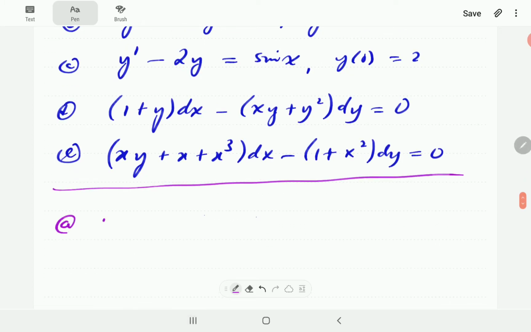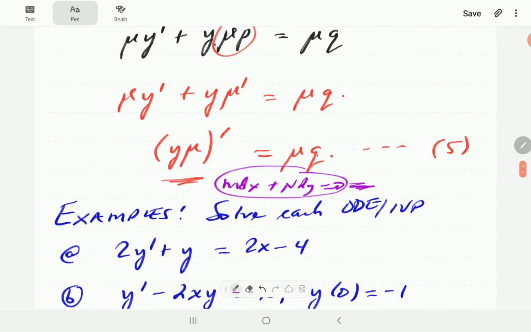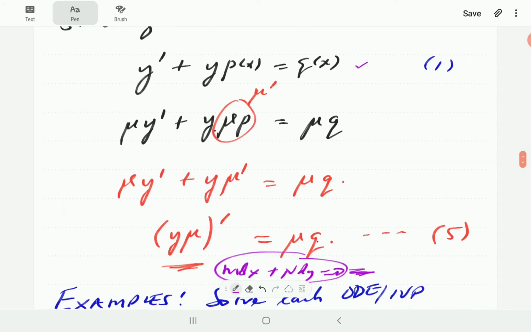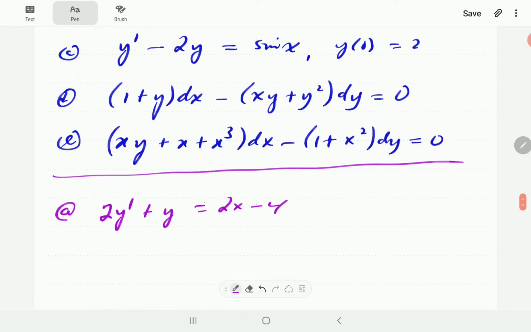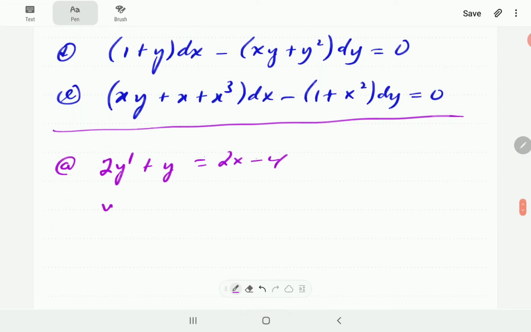So in part A, we've got 2y prime plus y is equal to 2x minus 4. So the first thing, if we want it in this form, the coefficient of y prime must be 1. So we divide everything by 2, going to be y prime plus 1/2 y is equal to x minus 2.